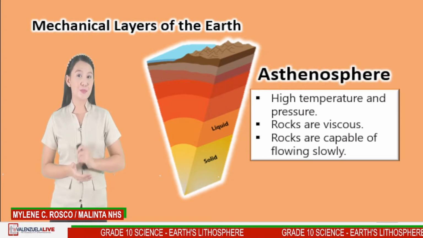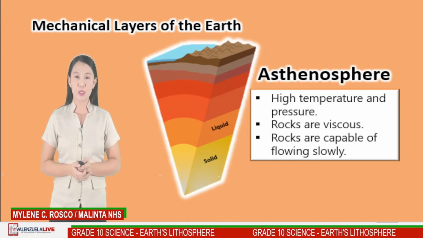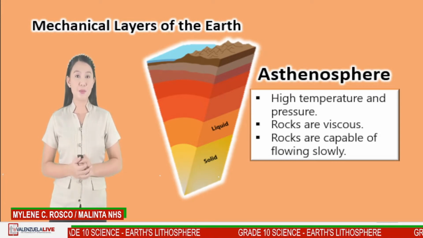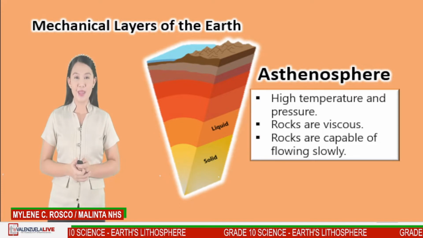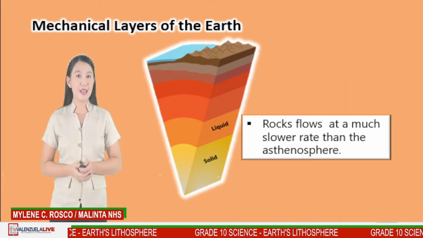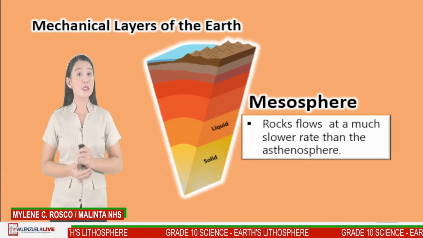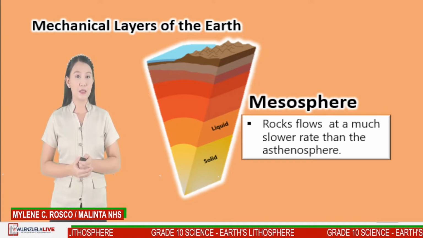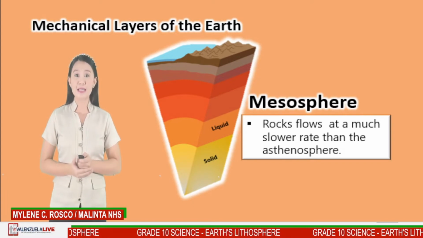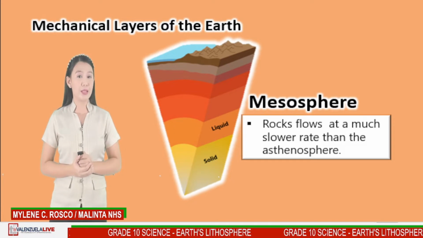The asthenosphere is characterized by its high temperature and pressure. Rocks at asthenosphere are viscous and are capable of flowing slowly. Third layer is the mesosphere. Mesosphere is sometimes known as the lower mantle. It is more rigid than asthenosphere and the rocks flow at a much lower rate.